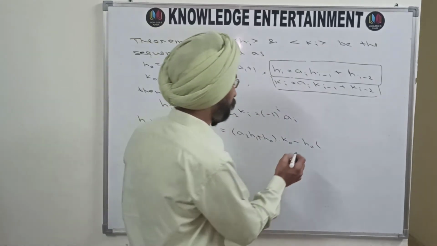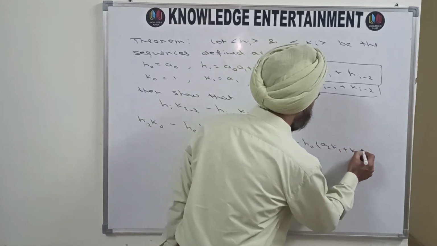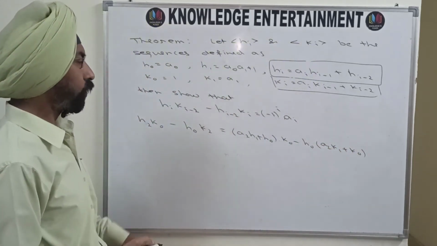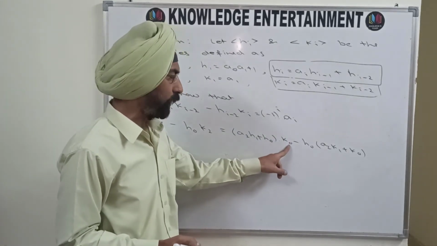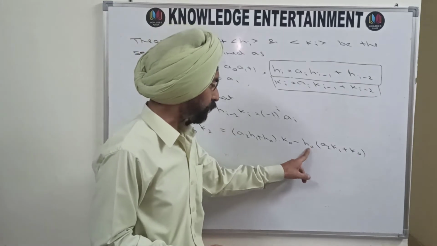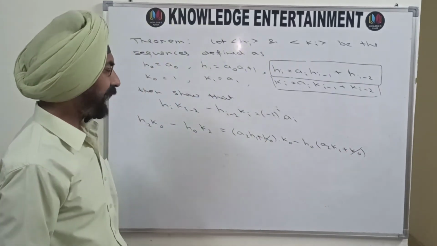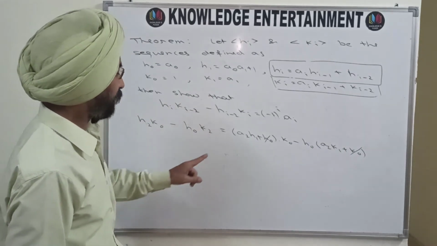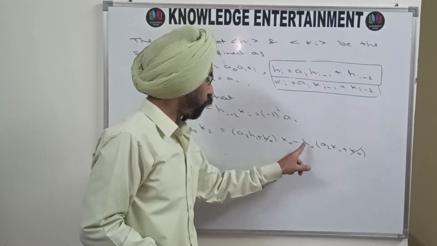So k_2 will become a_2 k_1 plus k_0, and now open the brackets. Opening the bracket, the second term in the first bracket is h_0 k_0, and the second term in the second bracket is minus h_0 k_0, so this will be cancelled out. And the two terms left are a_2 h_1 k_0 minus a_2 h_0 k_1.